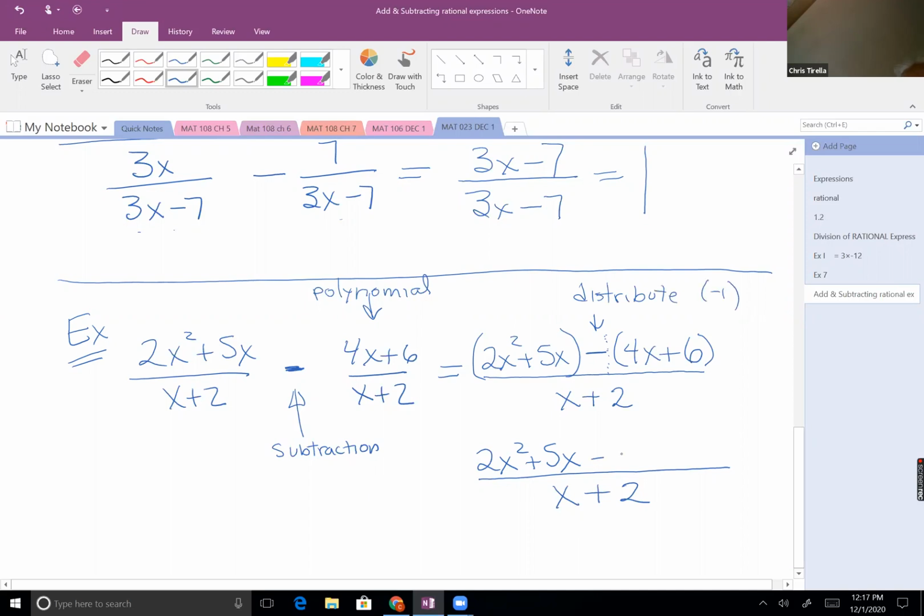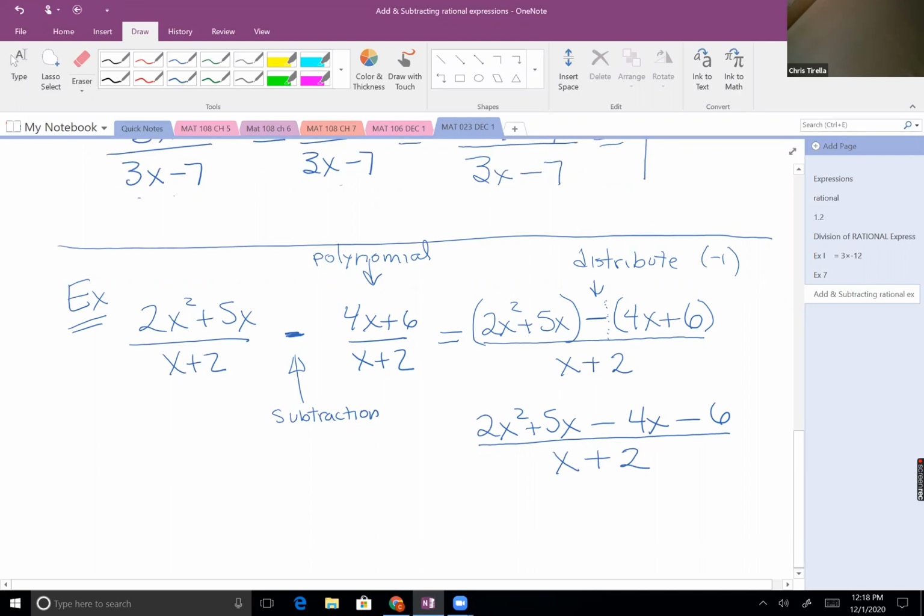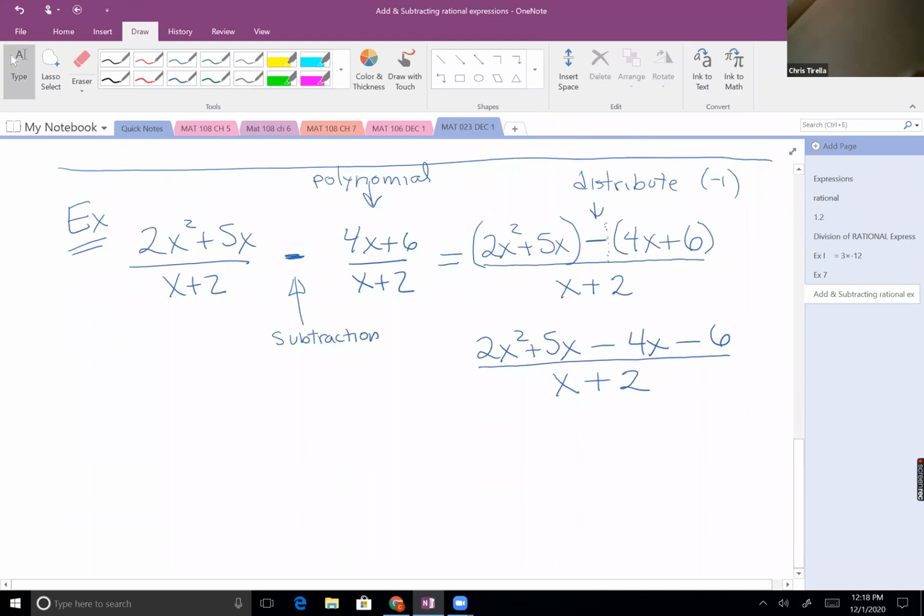And that gives me minus 4x minus 6. And you have to be careful when you do that. Now combining, we have 2x squared plus x minus 6 over x plus 2.